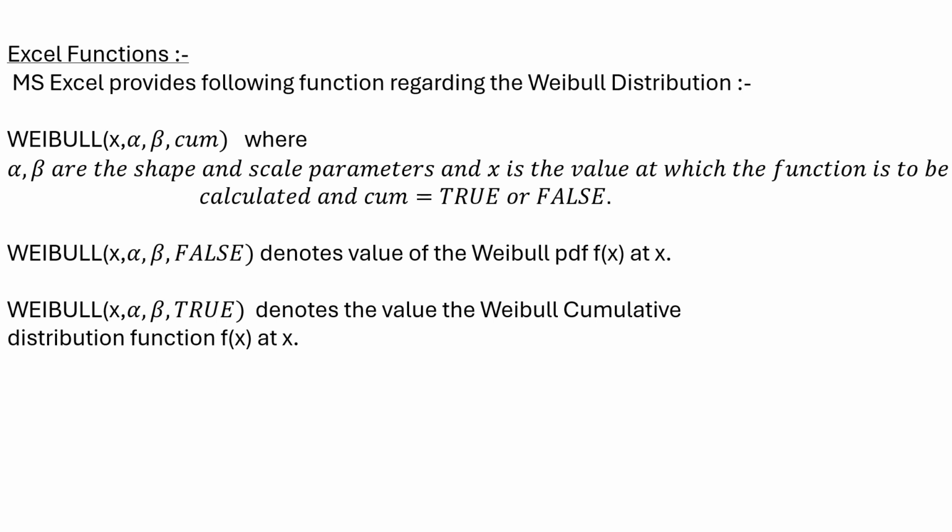Whereas if cumulative is true, this function will give the value of the Weibull cumulative distribution function, that is probability of capital X less than or equal to x, of f of x at x.